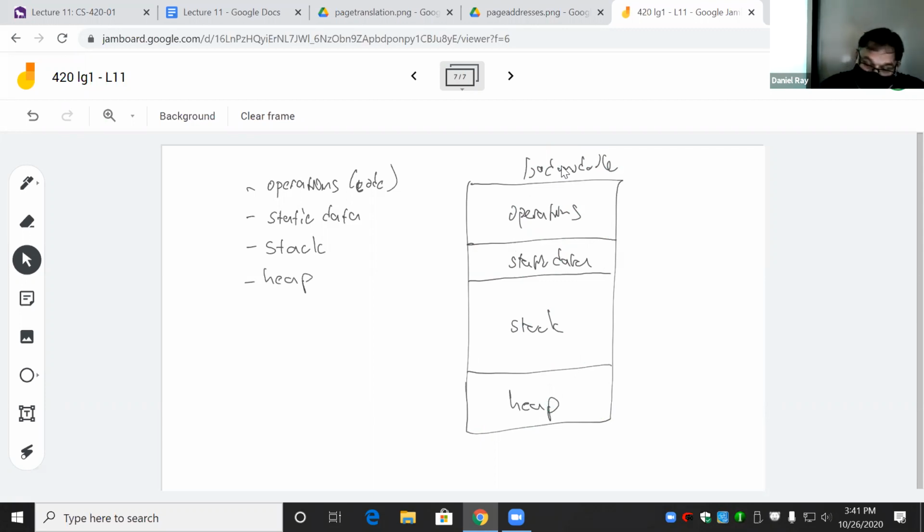When we divide this load module into pages, what is naturally going to happen? Remember, all the pages are the same size. I'm going to try and do this by hand. Make them look like the same size.